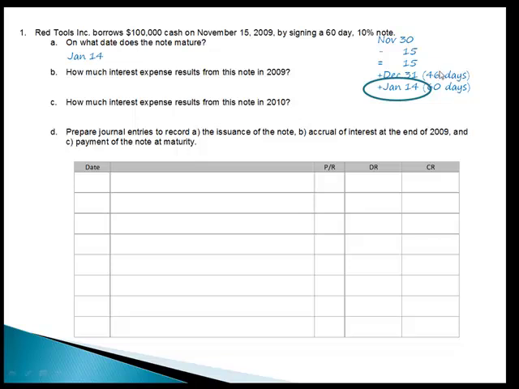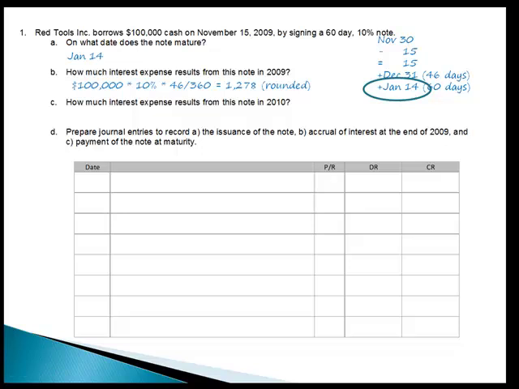Okay, so how many days occurred in 2009? 46 days. Okay, so 100,000 times 10% times 46 over 360 equals 1,278, and I rounded. Okay, it actually came up with some change, but I just want to keep it in whole numbers to keep things simple. How much interest expense incurred in 2010? Well, there was only 14 days in January.